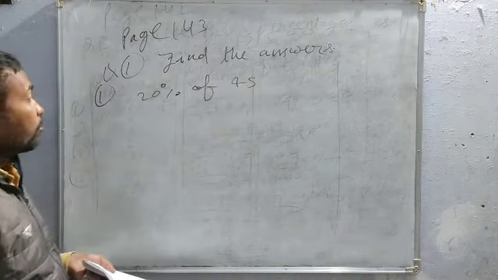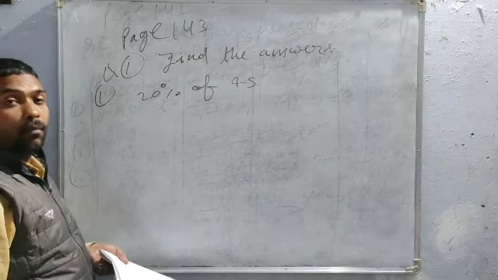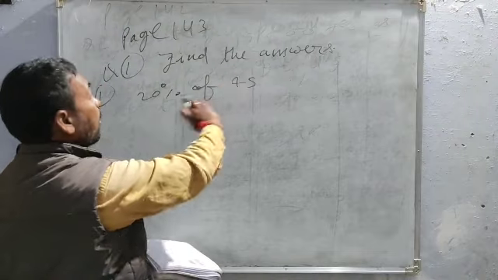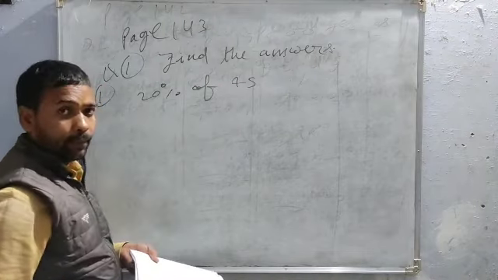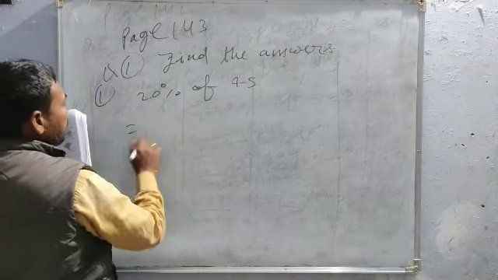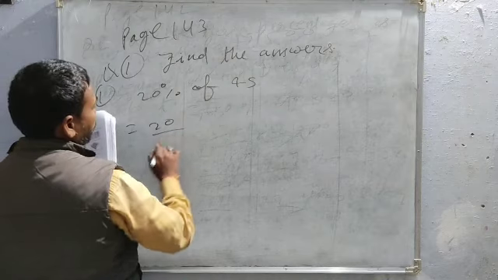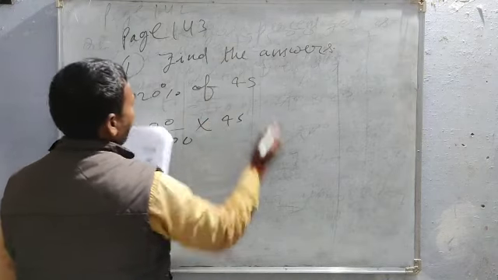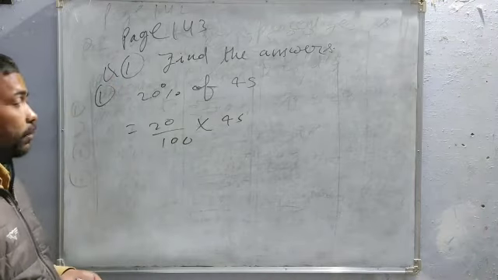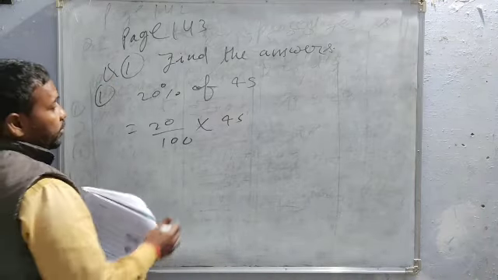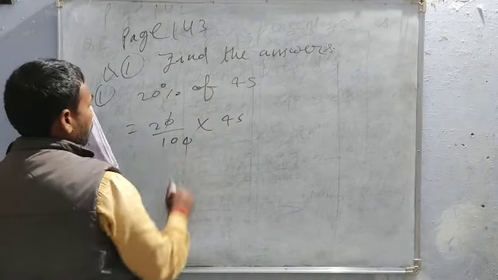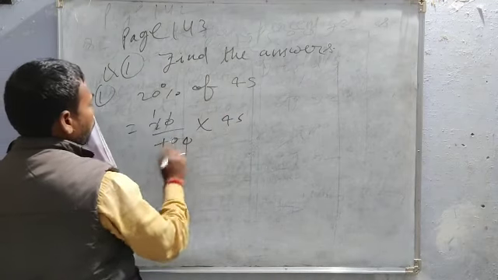You don't know what the quantity is for 20% of 45. How to find it? 20% means 20 by 100, and of means multiply by 45. You know how a fraction can be multiplied by a whole number: you can cancel common factors. 0 and 0 cancel, 2 ones are 2, 2 fives are 10.